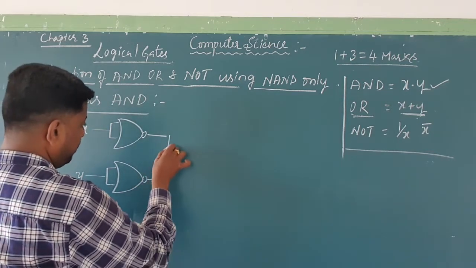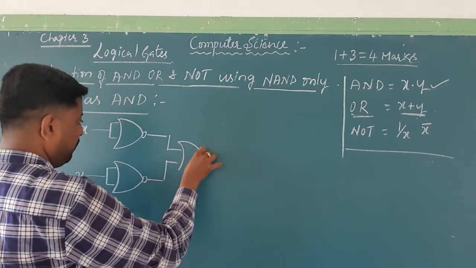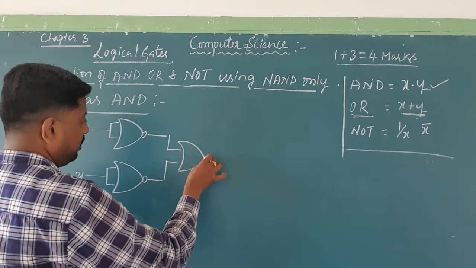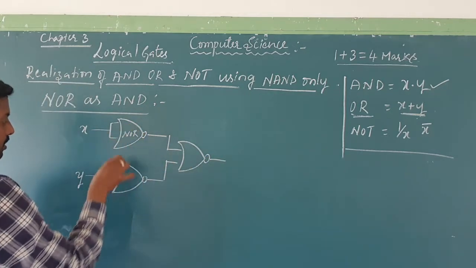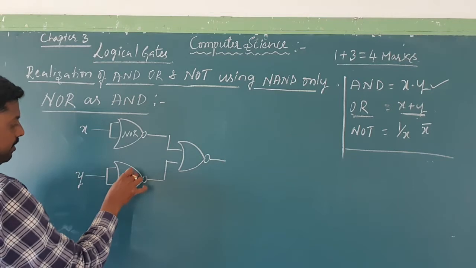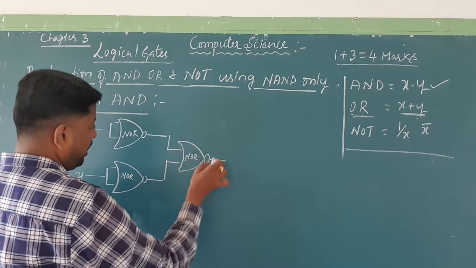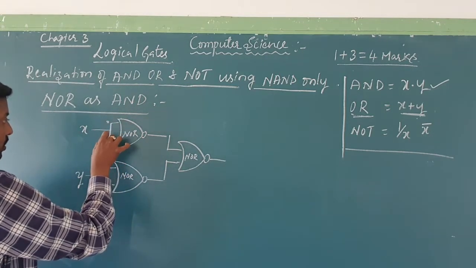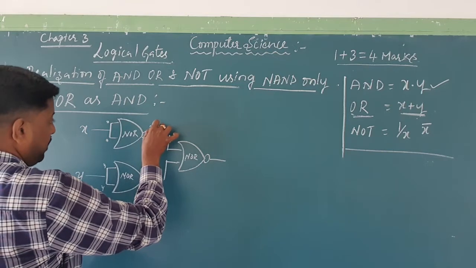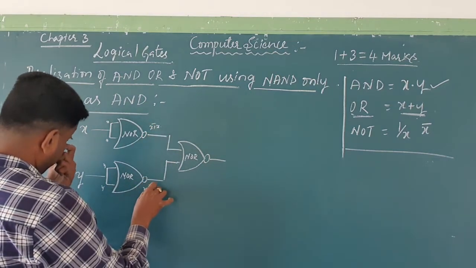Now I consider these two outputs as inputs for the third NOR gate. Better you write inside that gate the name of the gate, that is NOR. Here x plus x whole bar, here y plus y whole bar.